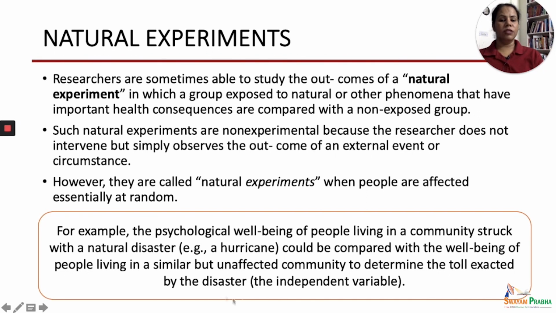Here the natural disaster is the independent variable, and then we try to find out the well-being of the people. The two groups are the people living in a community struck by the natural disaster, and those living in similar conditions but unaffected by it. They can be studied for their health outcomes. So this is a typical example of a natural experiment.